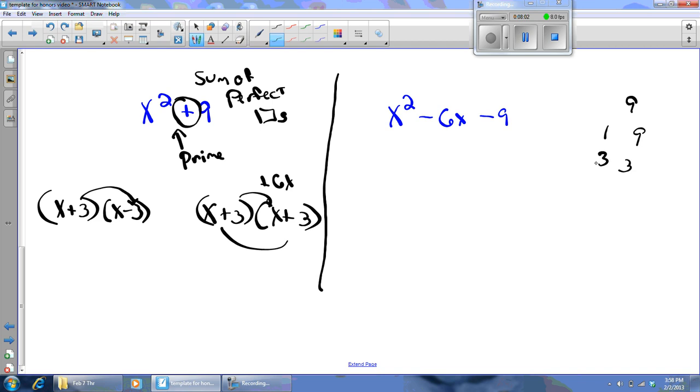Now is there a way to subtract any of these factors and get negative 6 for an answer? No, there's not, because if I make both of these negative, isn't that really addition? A negative 3 and another negative 3? That's negative 6, but that's addition. If I tried it as x minus 3 times x minus 3, which some of you are probably thinking, and I do my lasts, I would get plus 9, not the negative 9. So this one is also prime. I did not know that when I started.